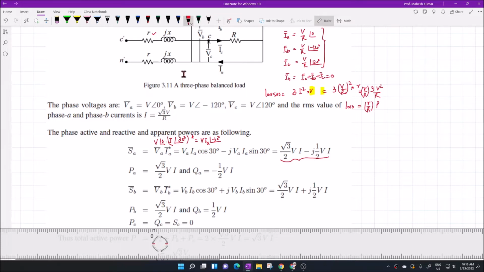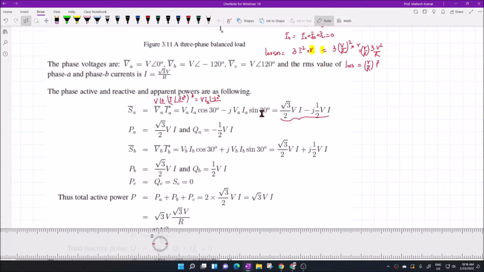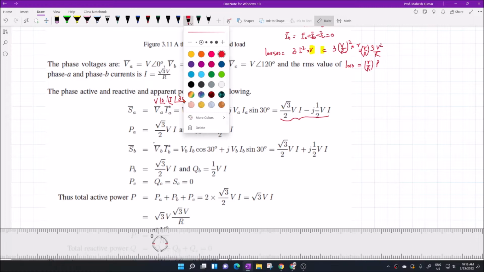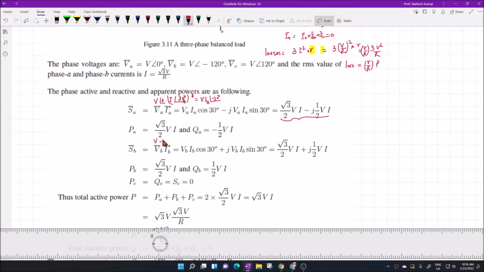Similarly, for B phase, the complex apparent power is VI conjugate. What is V here? V at angle of minus 120 degrees, and what is the angle of IB? I at angle of minus 150 degrees. If you remember, the current in B phase is I at angle of minus 150 degrees, and the conjugate of that.